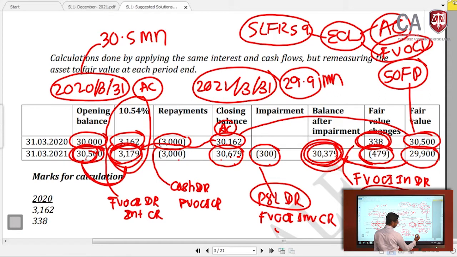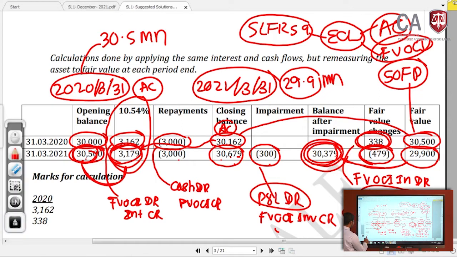So I will be writing the double entry here: fair value through OCI instrument credit and debit to where? This is a fair value loss, so you have to debit OCI 479. That fair value loss you are also debiting to the fair value reserve account in the equity statement, right? So going forward, student, we'll go forward.